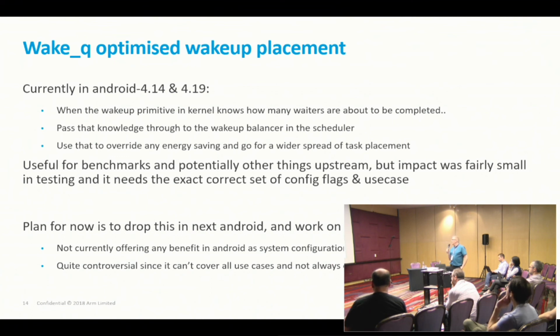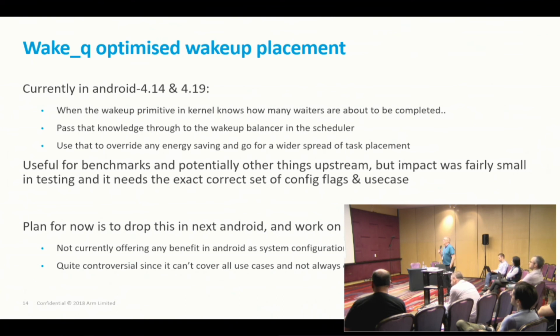What it does is it adds a little bit of information to the try to wake up call into the scheduler, so that when we have a wake up primitive which knows how many waiters are going to be woken up, it can pass that information to the scheduler. So it can say, I'm waking up and there's 7 more to come after me. And this allows the scheduler to do its wake wide thing straight away, essentially.